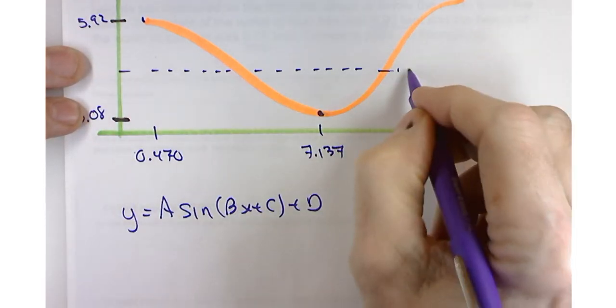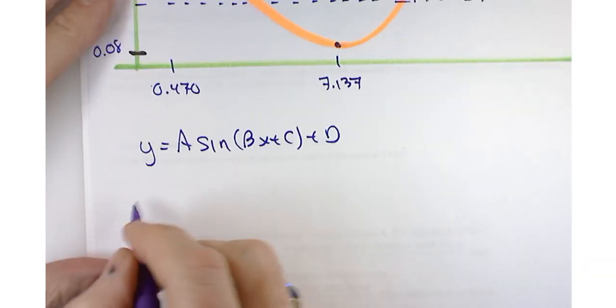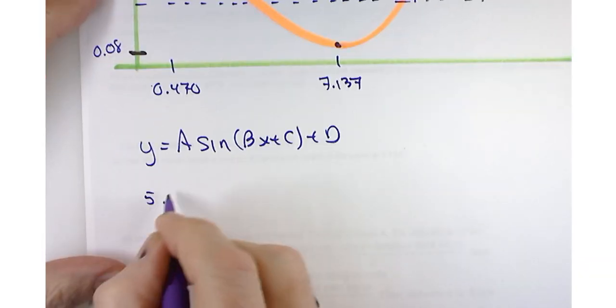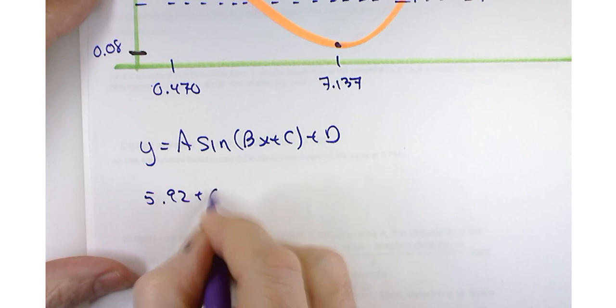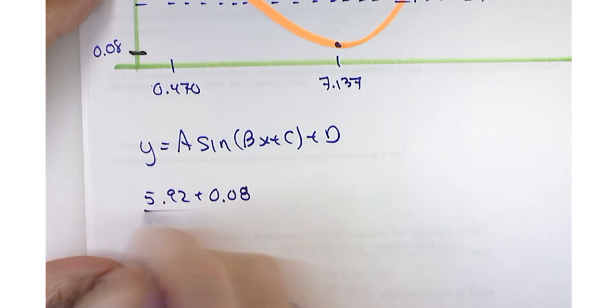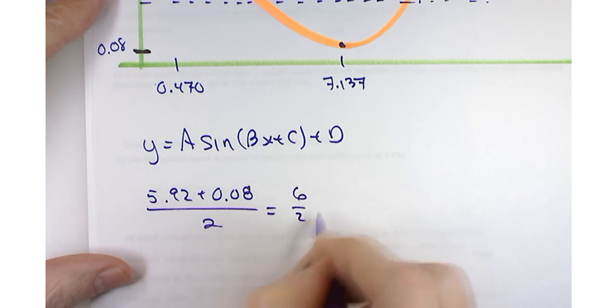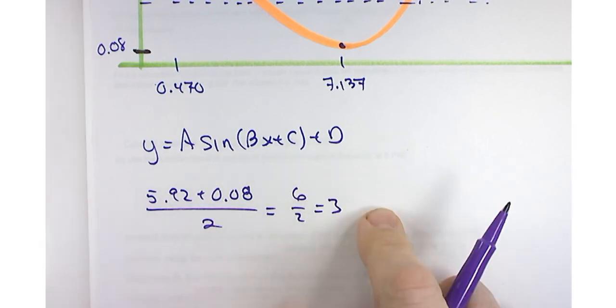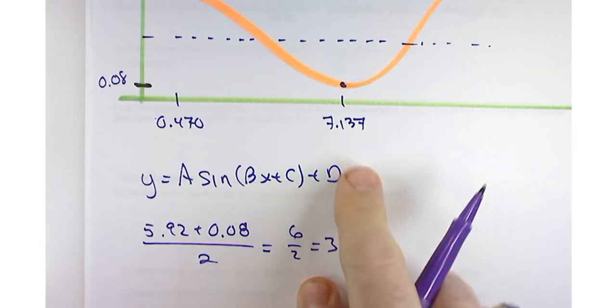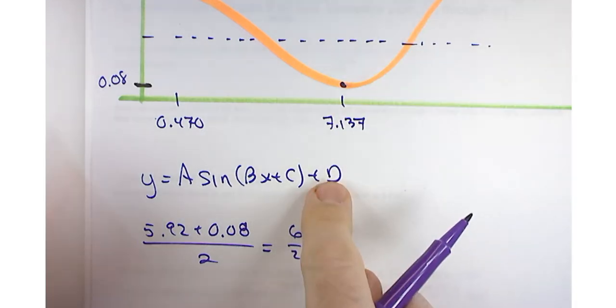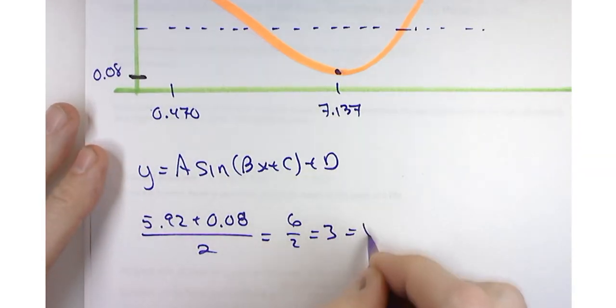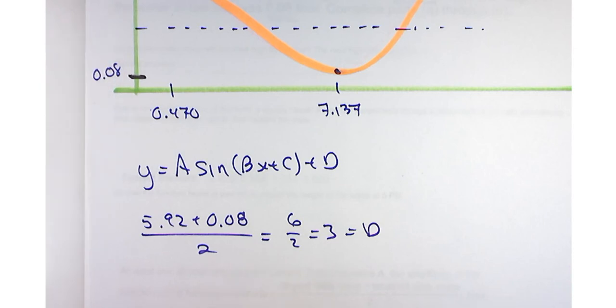So let's do that. If I take 5.92 plus 0.08 over 2, that gives you 6 over 2 or 3, and that's going to be D. That's going to be your middle line where you're going to shift up the graph to. So that's going to be D. So 1 down, 3 to go.